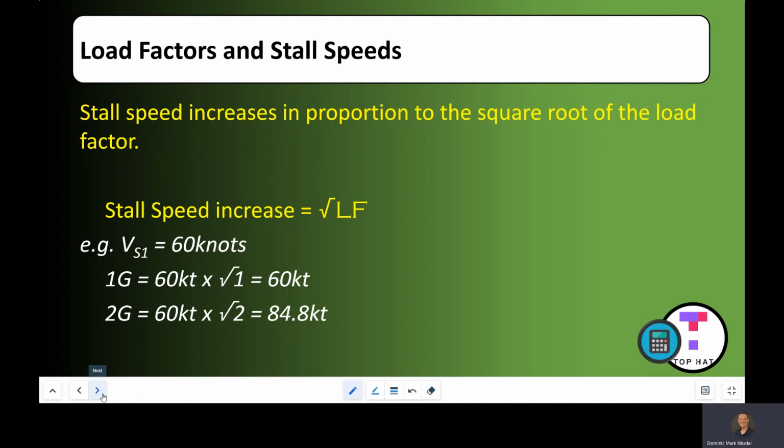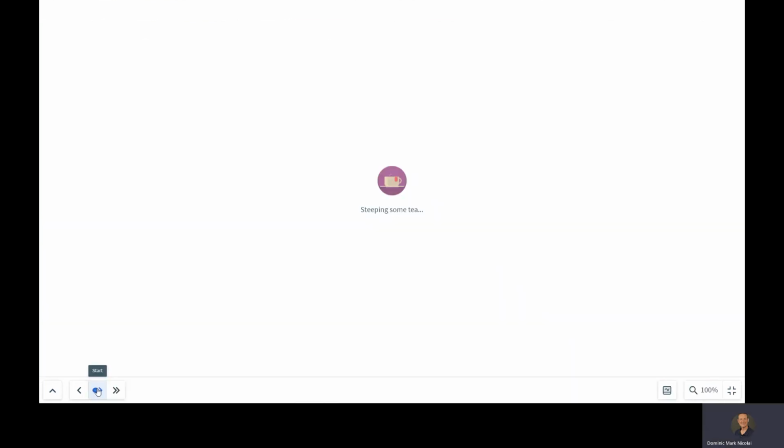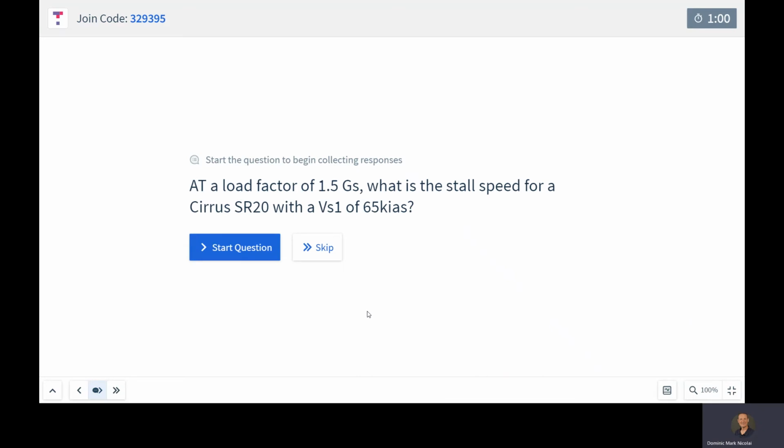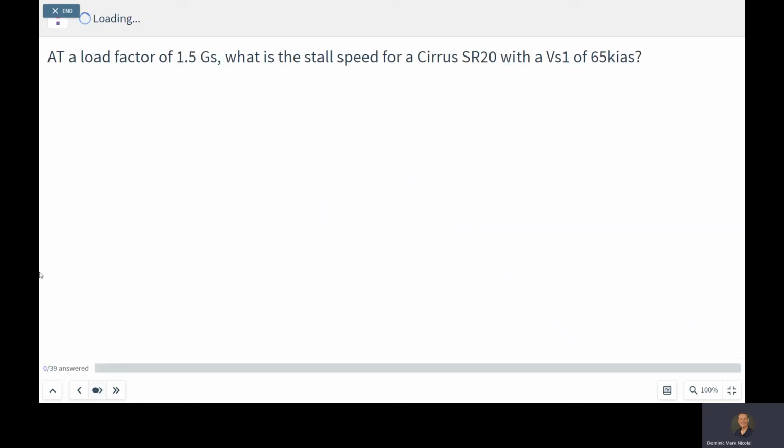So let's try a top hat question. You'll need a calculating device. We're looking at a load factor of 1.5 Gs. What is the stall speed for the Cirrus SR-20 with the VS1 of 65 knots?